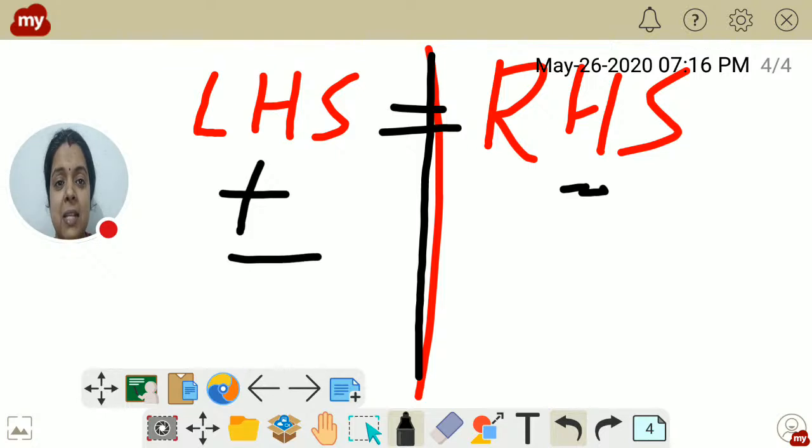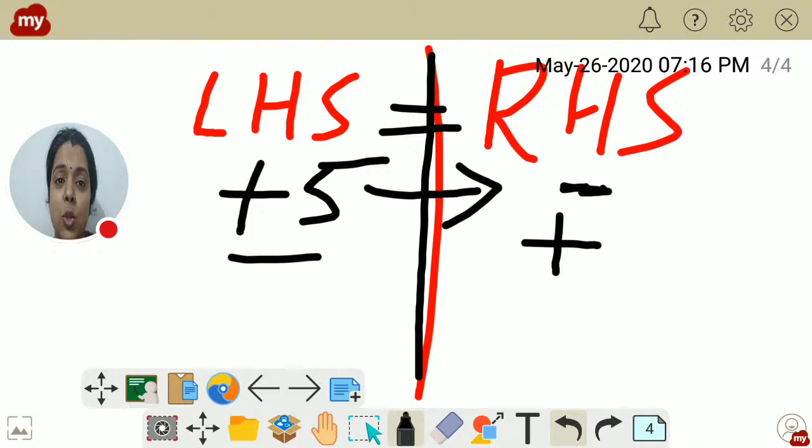If it is minus, it will be plus when it goes to that side. Means if it is plus 5 in the LHS and you want to take it to the right hand side, it will become minus 5.